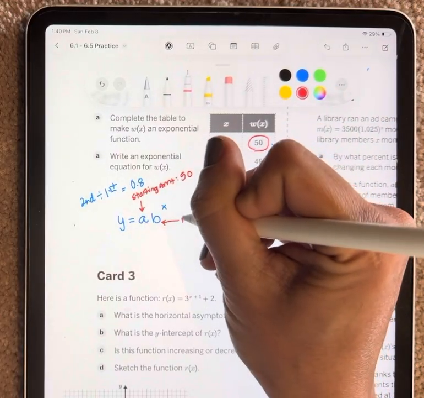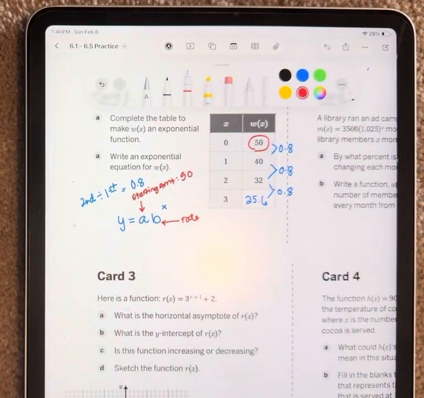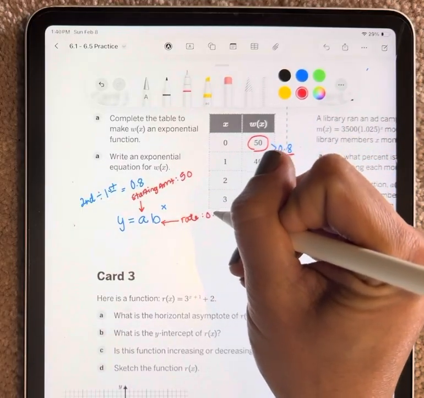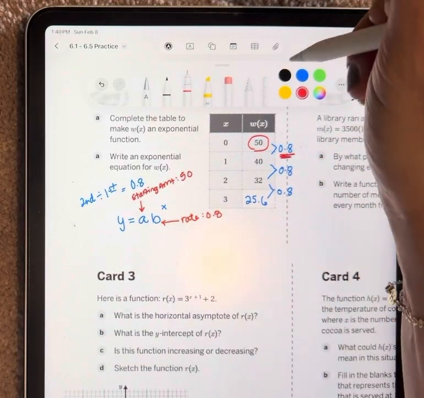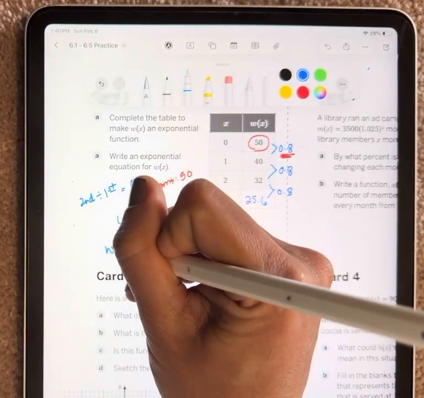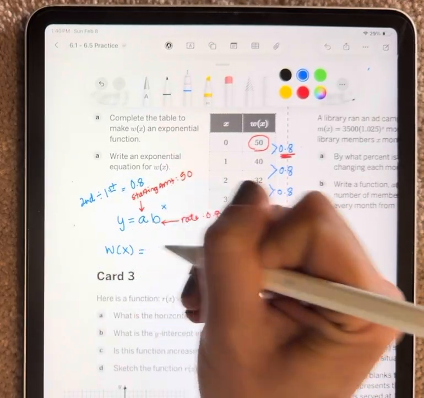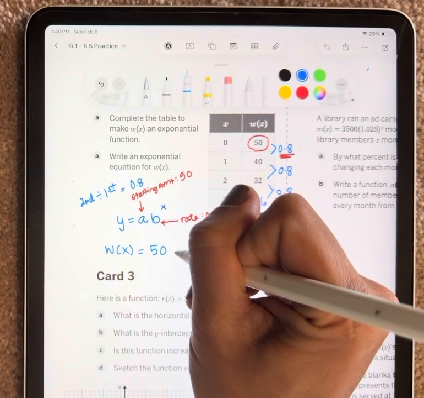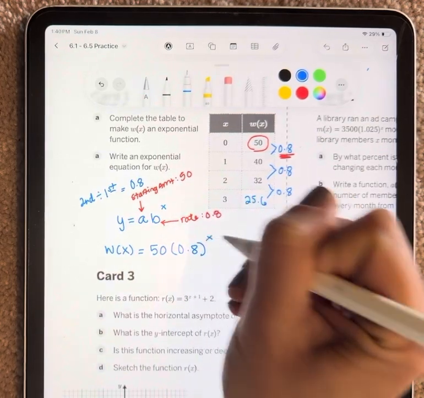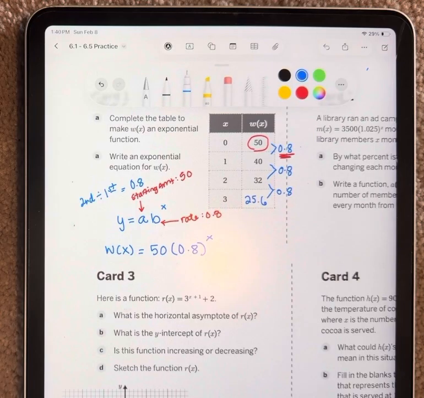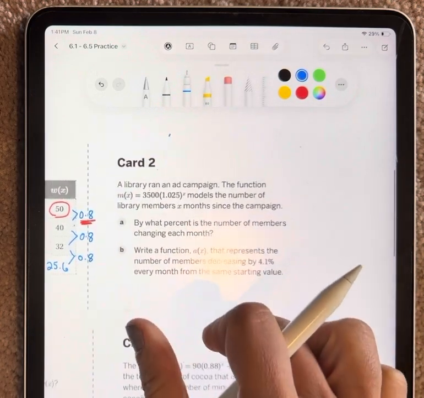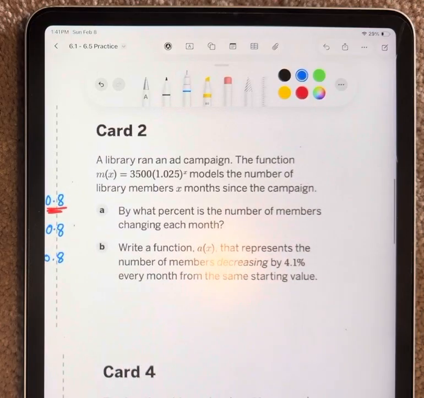But basically, it's our rate. It's the thing that we multiply each time. It's this 0.8. So here comes the exponential function for w of x. W of x equals 50 times 0.8 to the power of x. That's it. Easy peasy. Okay, now let's go do something else.